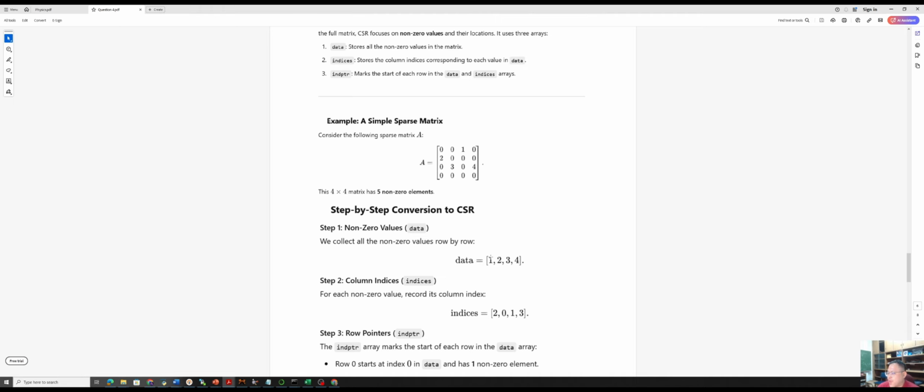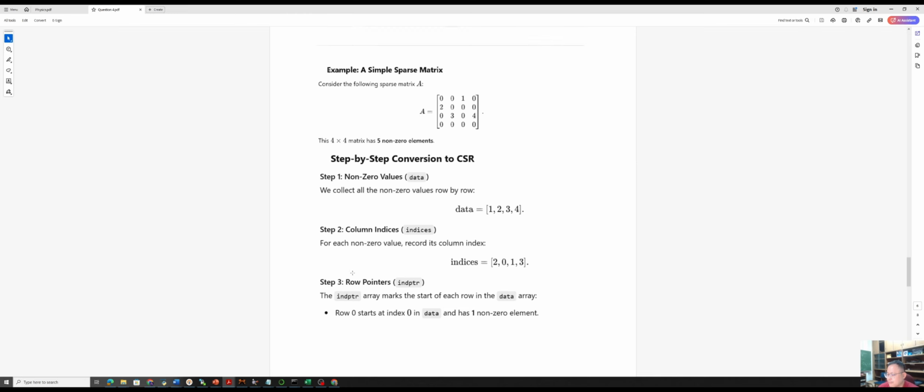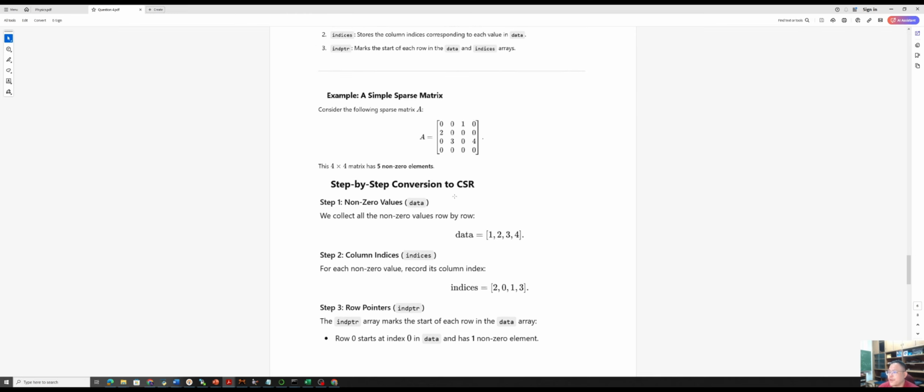And where is 1 located as index? For its non-zero value, record its column index. So 1 is at column 2, 2 is at column 0, and then in step 3 they create a pointer inside the system to point to where exactly in the rows. So this is all done internally in the system.